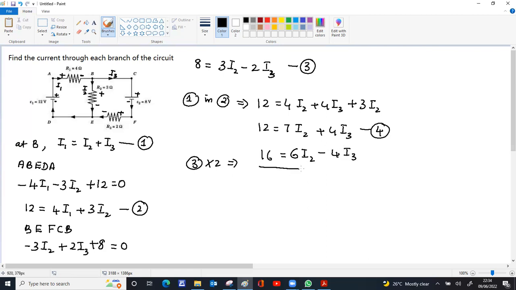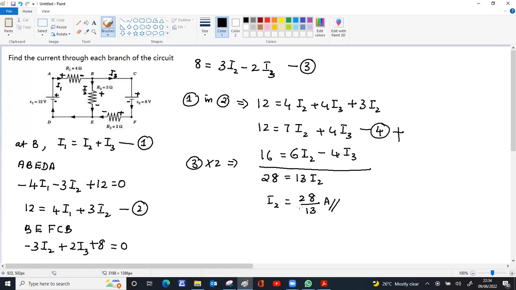You add both. 4I3 and 4I3 get cancelled. 6 plus 7, 13I2. 16 plus 12, 28. Now I2 will be 28 by 13 ampere.